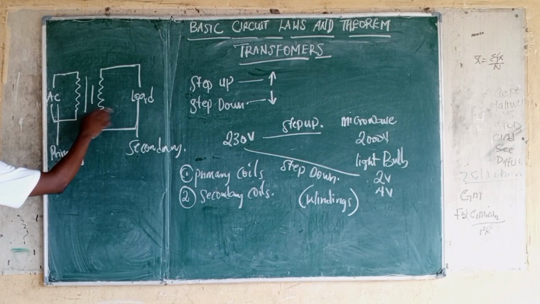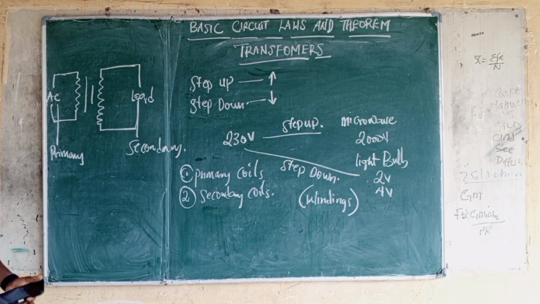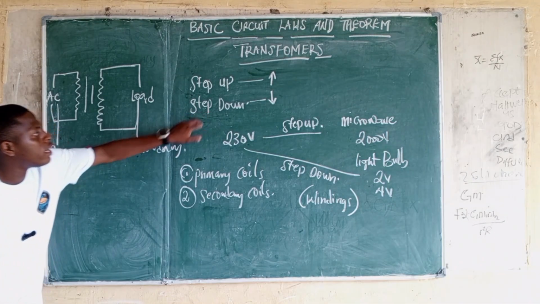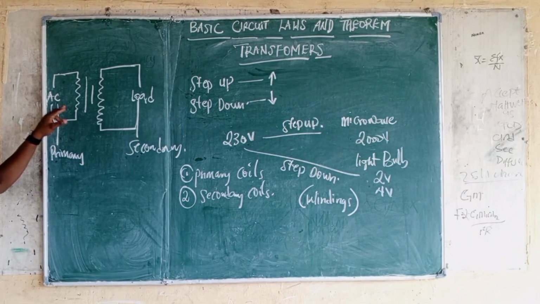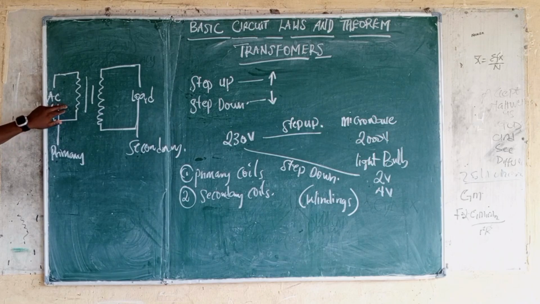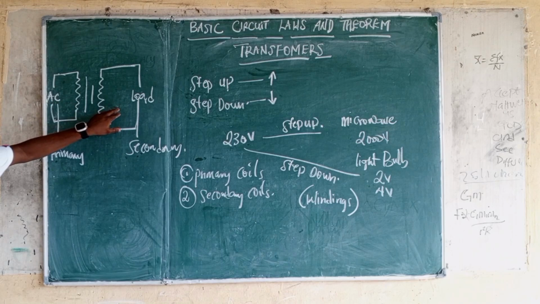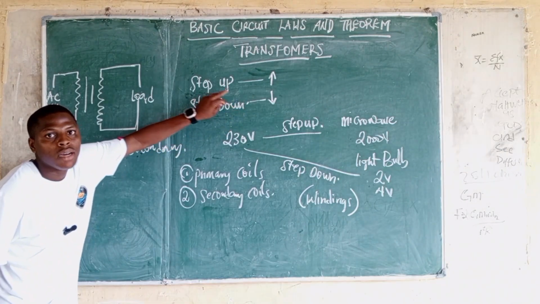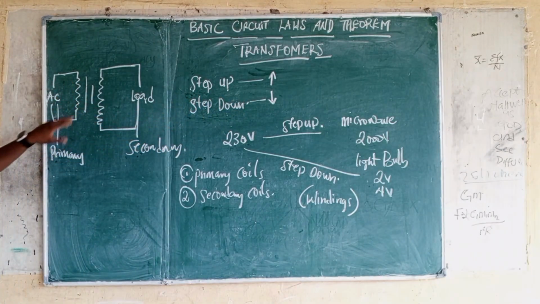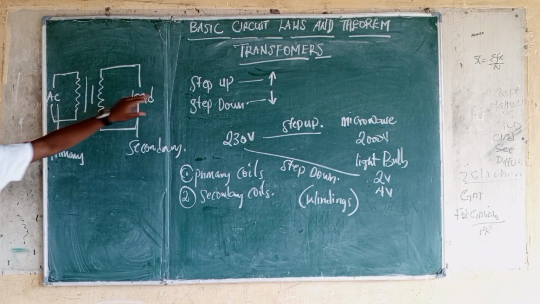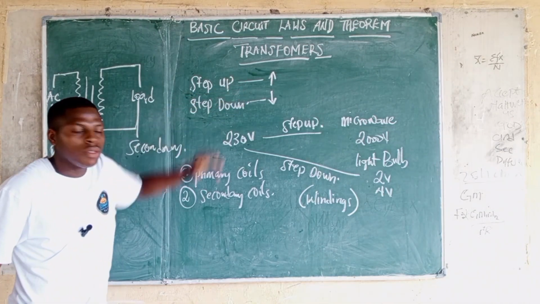For you to identify a step-down transformer, look at your windings. If the primary side of your transformer is greater than the secondary side, then that is a step-down transformer. But in a case where your secondary is greater than your primary, then it is a step-up transformer.